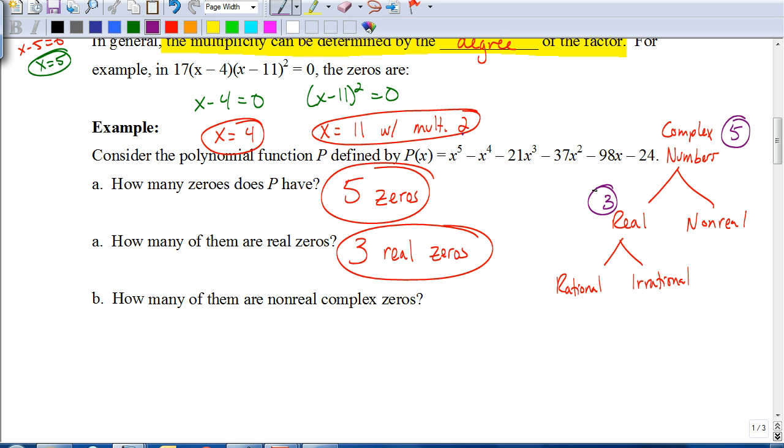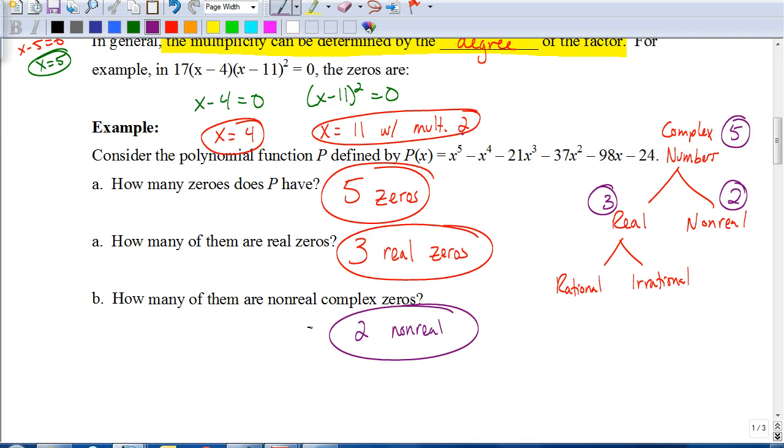Well, if 3 of them are real, that implies, if there's got to be a total of 5, that means 2 of them are going to be non-real. That would be your answer.